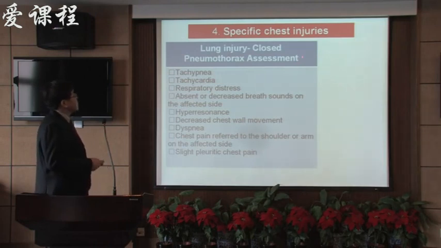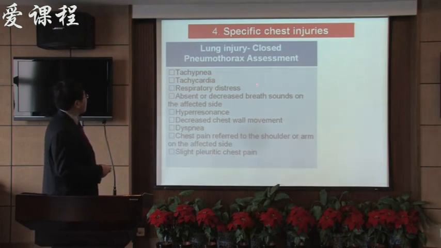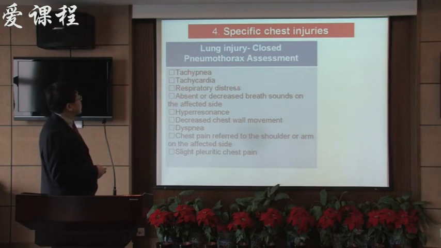This is the assessment of the pneumothorax. We can see the symptoms or general signs of tachypnea, tachycardia, respiratory distress, absent or decreased breath sounds on the affected side, hyperresonance, decreased chest wall movement, dyspnea, and chest pain referred to the shoulder or arm on the affected side.